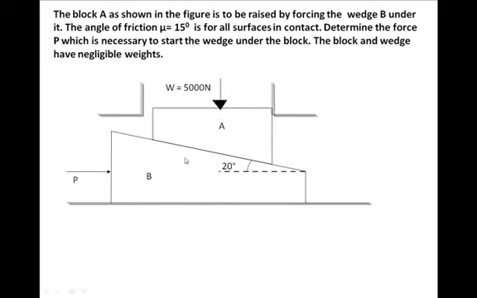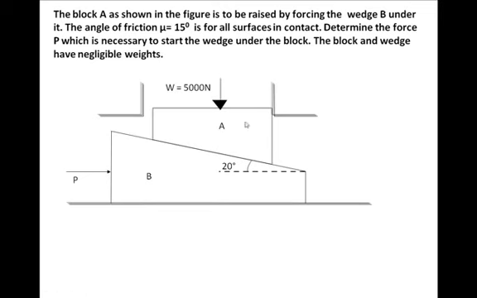For demonstration purposes, we have exaggerated this slope to 20 degrees to explain the principle, but this slope can be as little as 5 or 7 degrees. So see, as you drive this wedge under it, A moves up, and it's much easier to move the weight up rather than directly making arrangements for lifting. That's the practical application.